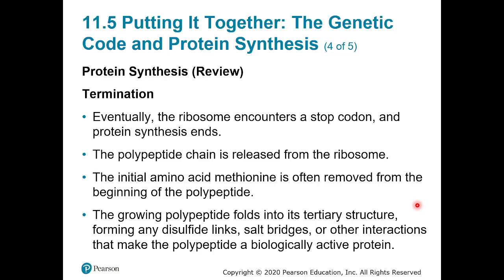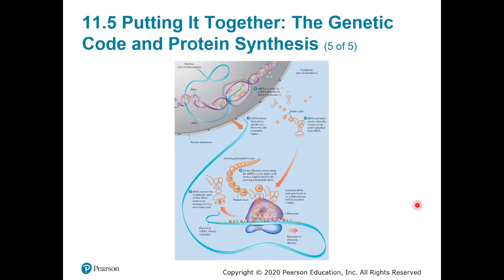This is going to form the disulfide links, the salt bridges, any of the other hydrophobic, hydrophilic interactions that are going to cause it to fold into that shape. It may need other protein complexes to accomplish that, or certain metals to do that, or cofactors like coenzymes.